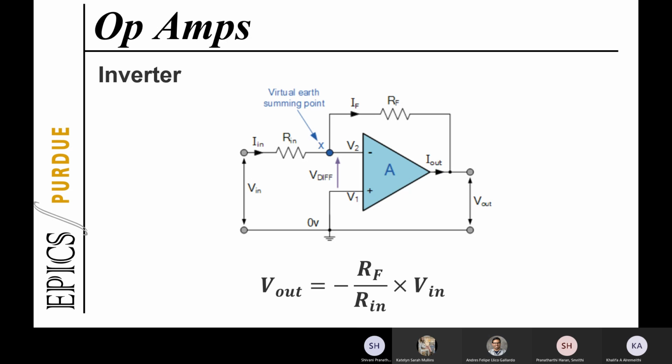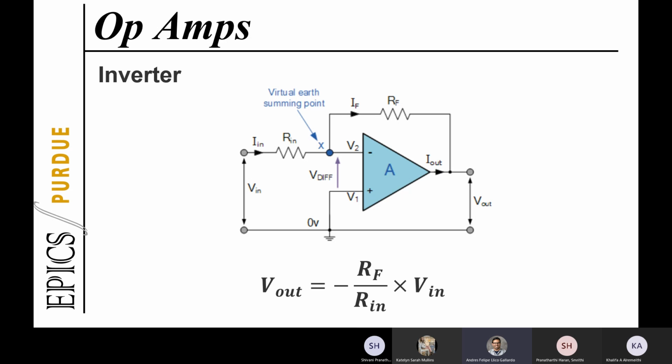Then the output is going to adjust such that I can achieve that balance. I'm going to skip the math here, but if you have doubts or want to know more, just let me know.